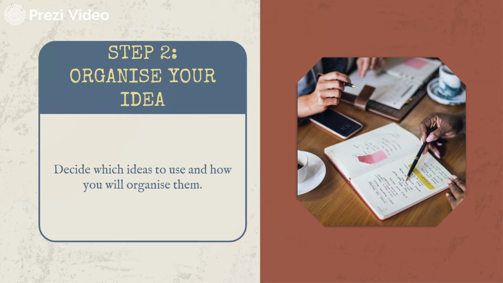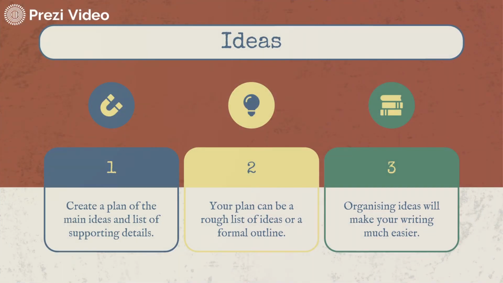Your plan can be a rough list of ideas or a formal outline. Because you have the plan already, you know where the ideas will direct you. Organizing your ideas will make your writing much easier because you have the topic sentence already. The topic sentence is going to be the main idea.